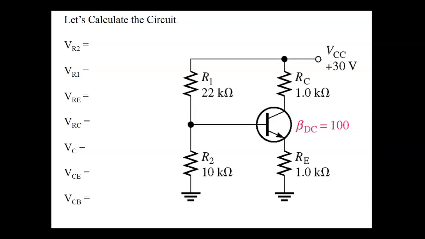So what would the voltage across R2 be? Get out your calculator. R2 is setting the bias on the base.